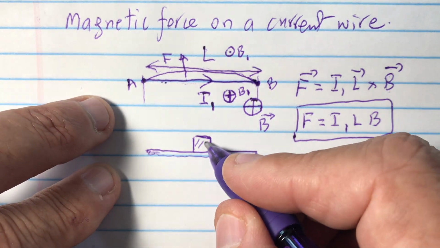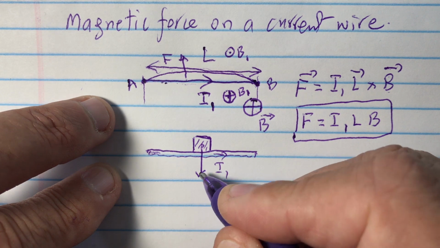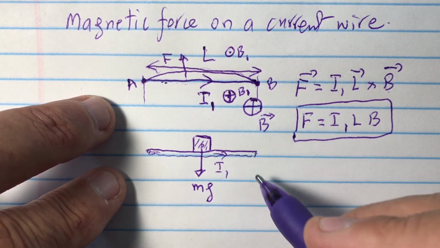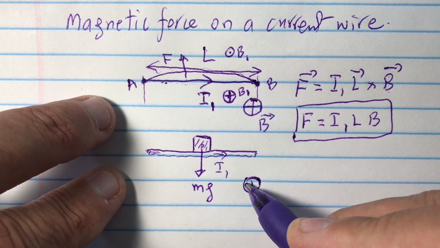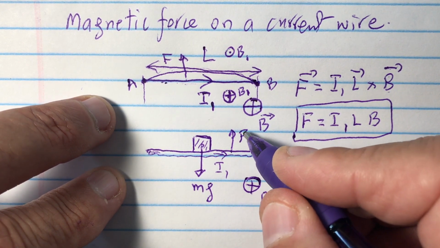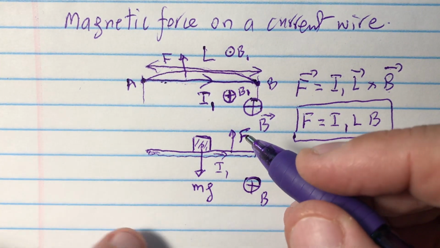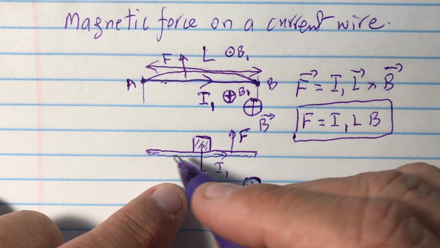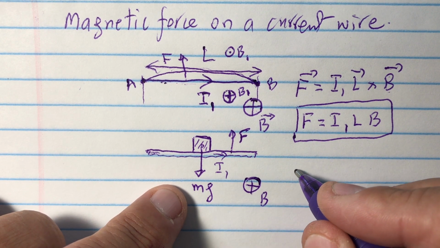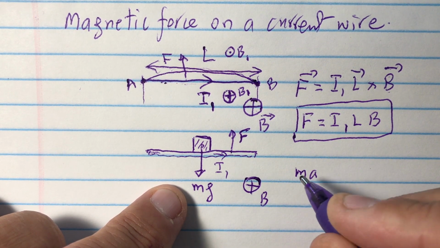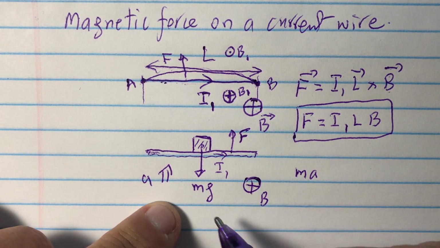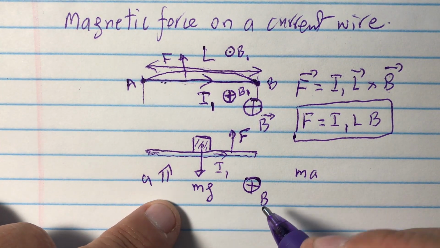And then here we have some mass. This mass has some weight, we call it mg. Now remember, the magnetic field from outside is going in, so the force is gonna go up. So you can actually lift something with this rod. If we apply Newton's law, let's choose the acceleration going up, for example. This is just to write down our equation.